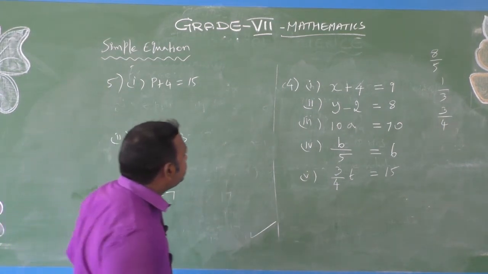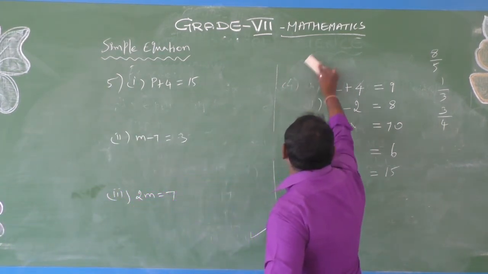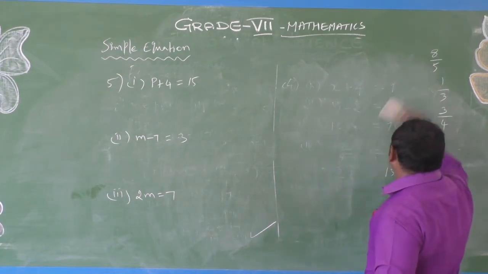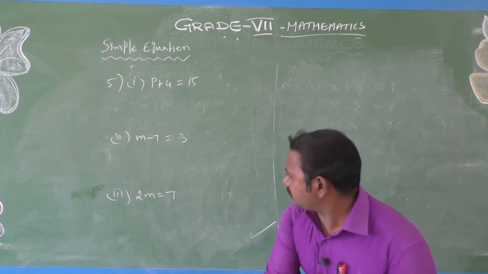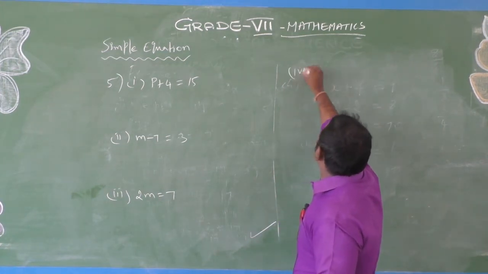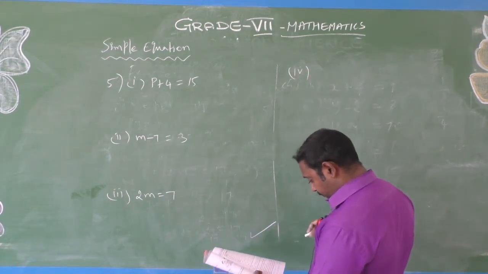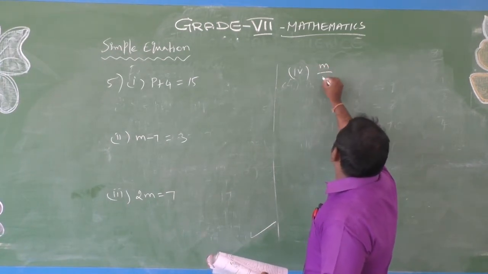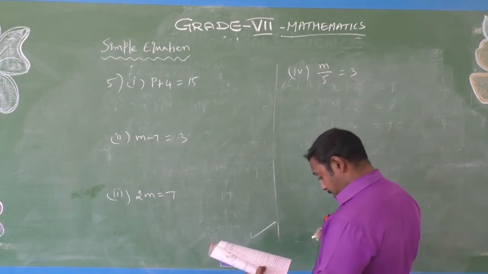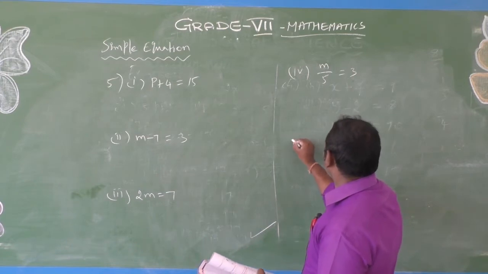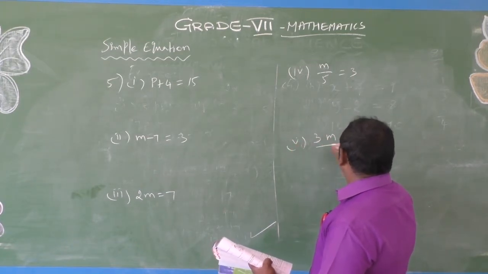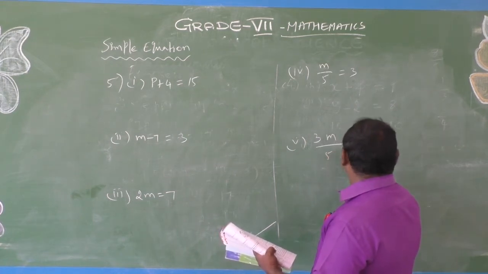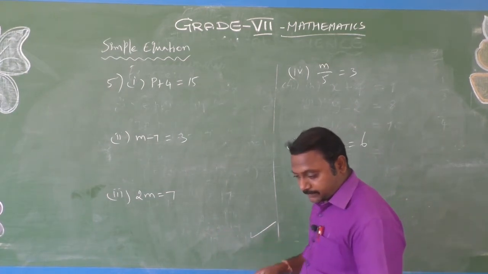Fourth one, m divided by 5 is equal to 3. Fifth one, 3m divided by 5 is equal to 6.